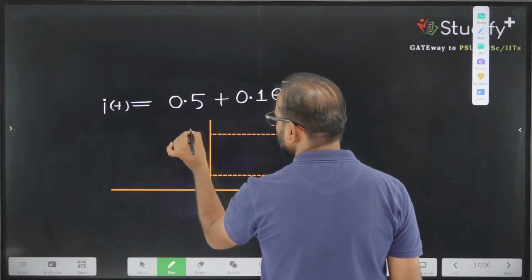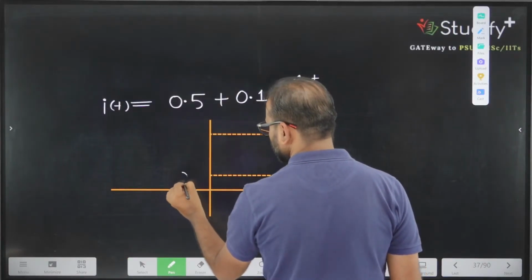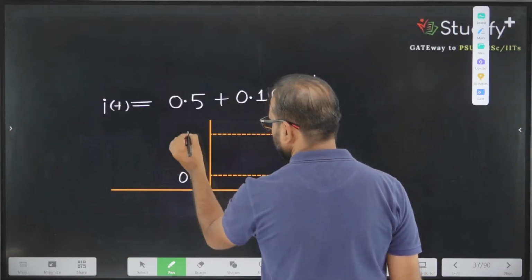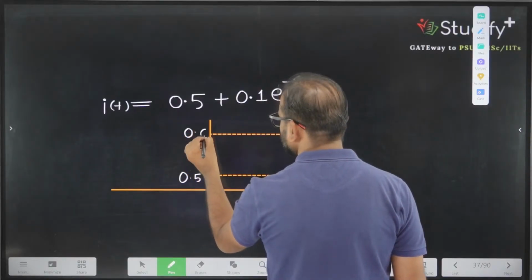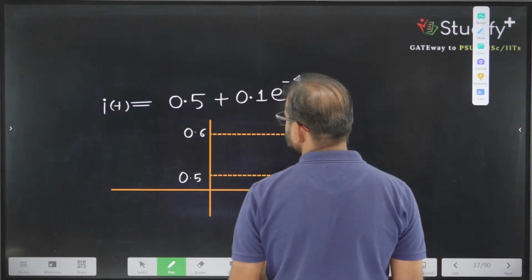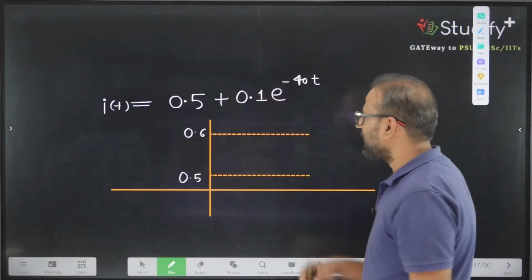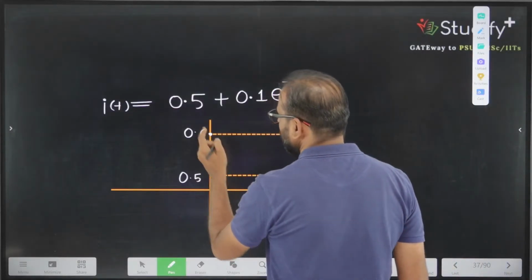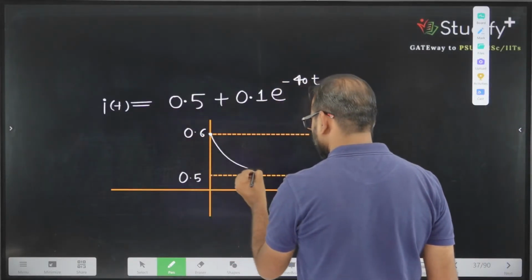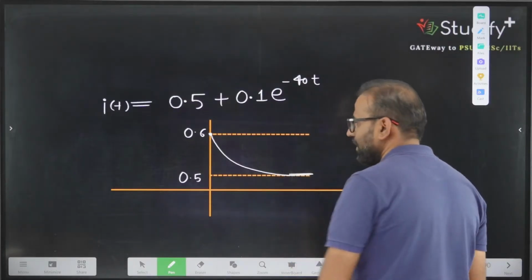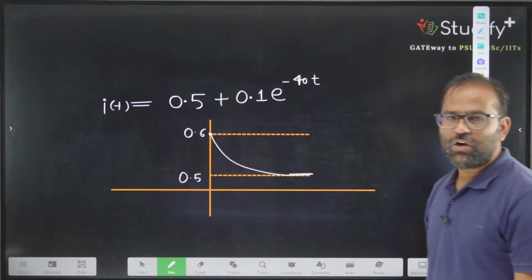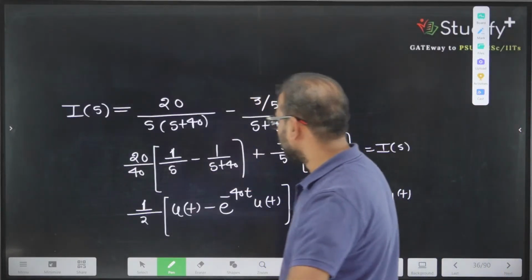This value is 0.5. This value is 0.6. So what is the value at t equal to 0? At t equal to 0, this value is 0.6 ampere. And when t approaches infinity, this value will reach 0.5 ampere. So this is the current inside the inductor.